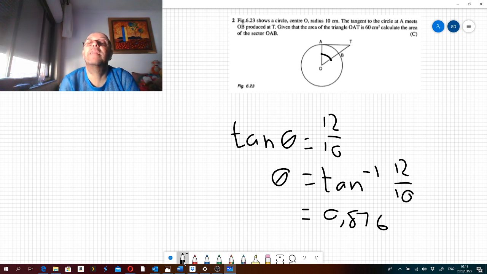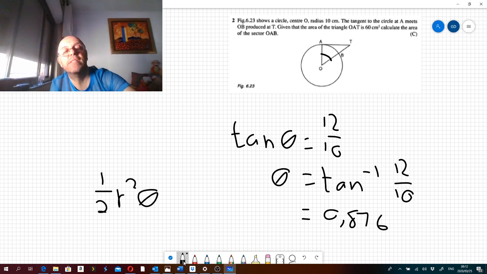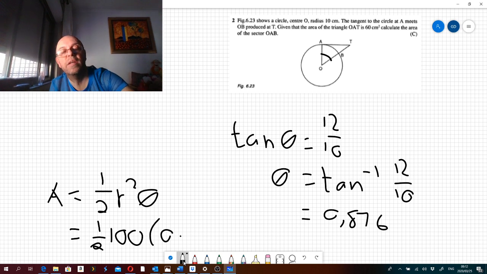That means we can then calculate the area of the sector, because the sector area will just be a half r squared theta. We know the r is 10, so that's a half of 100 times the angle of 0.876.